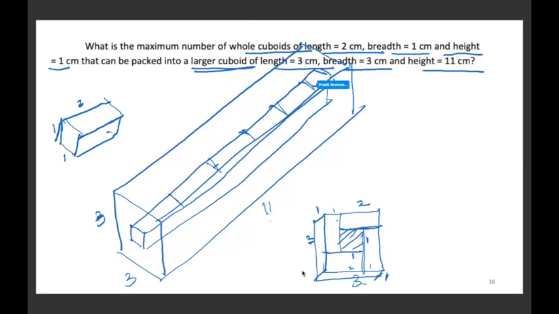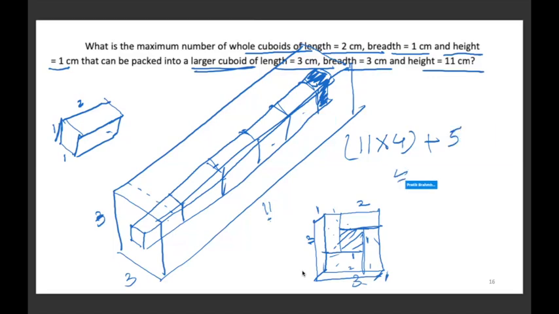And then this much part remains, which is 0.5 of a cuboid. So 4 cuboids will be accommodated in one slice, which is of 1 centimeter. Because it's 11, there will be 11 such slices, 11 into 4 plus these 5 cuboids which are organized vertically, which will be equal to 44 plus 5, which is 49. So we know for sure that 49 is the correct answer, and the residue that will be left here is only 0.5.